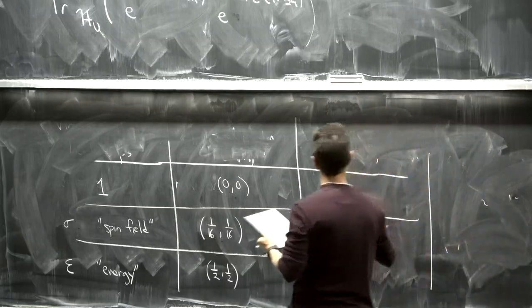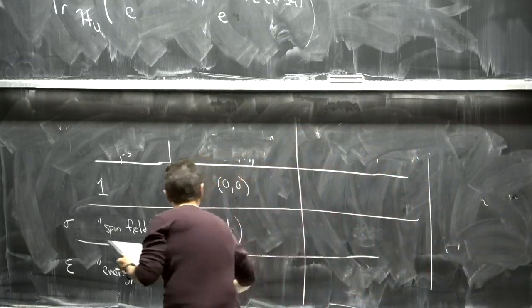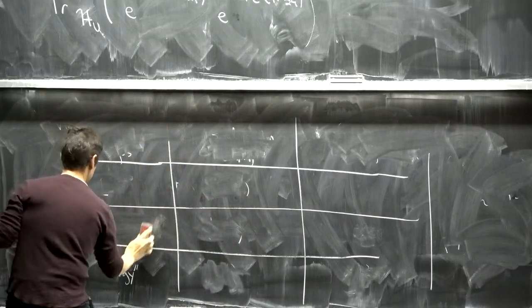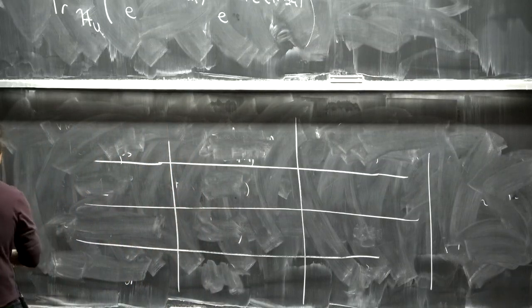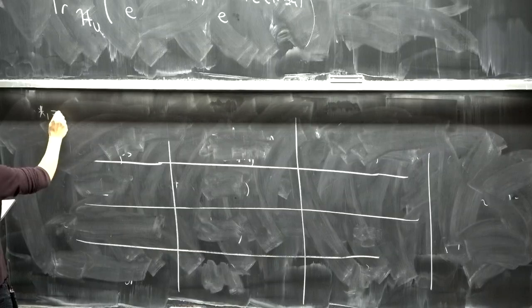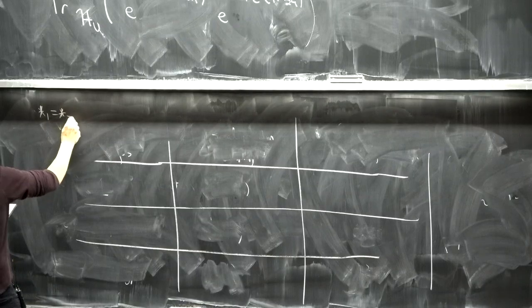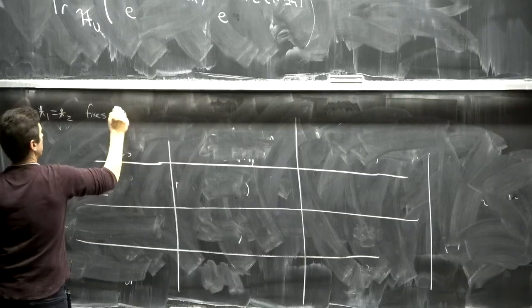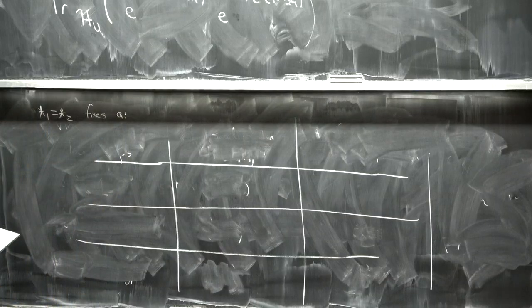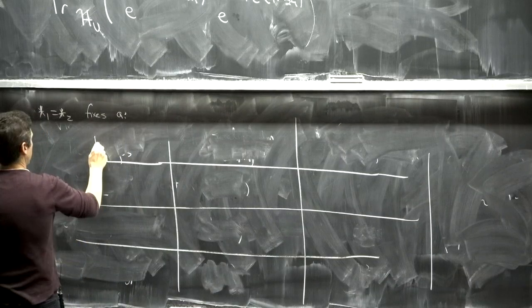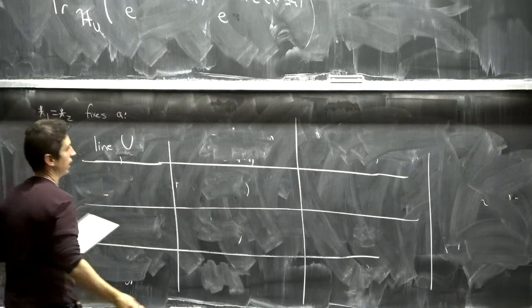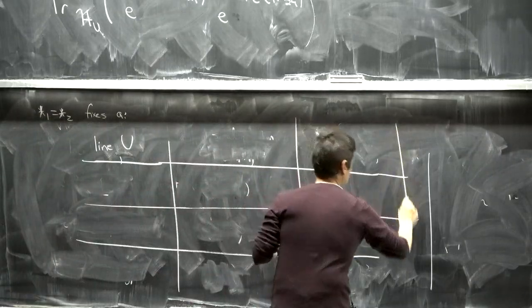Okay, so we need a new little table. This fixes the AI. So here's the line U, and I guess we need one more column.